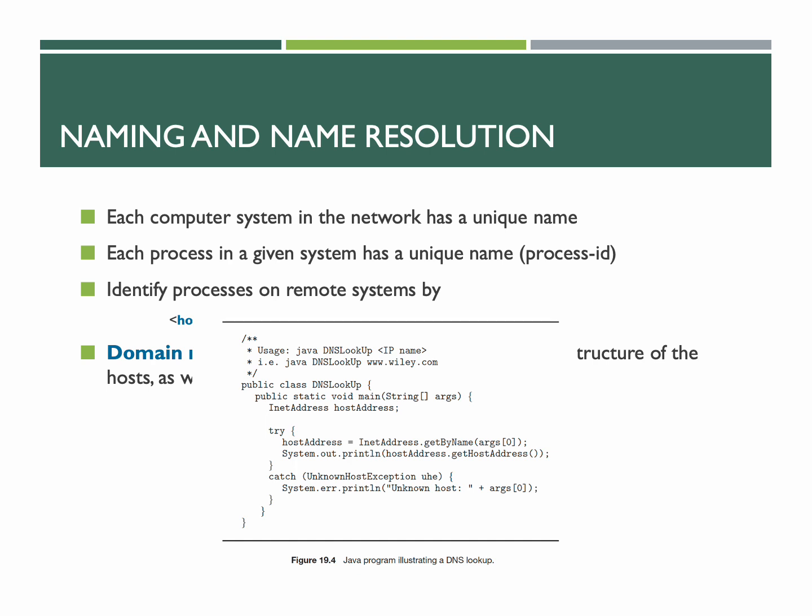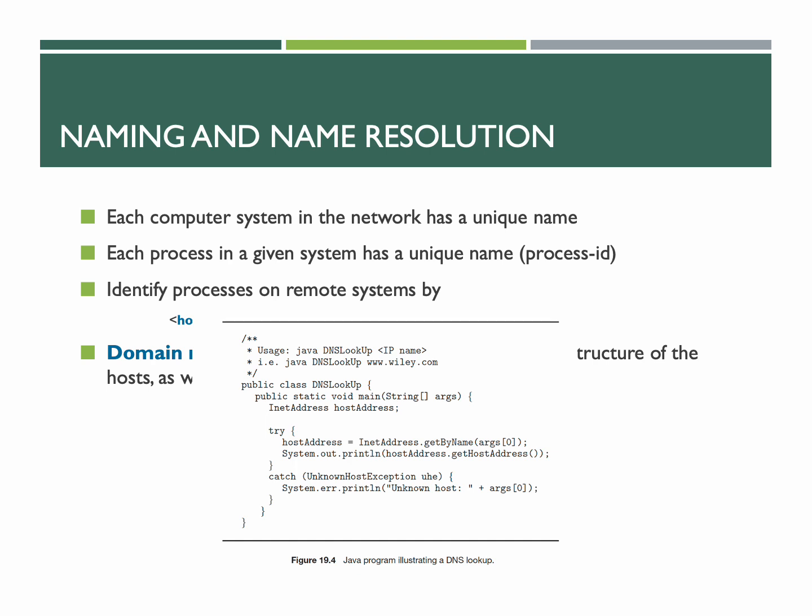As we continue our journey into network concepts, one critical topic to cover is naming and name resolution. Now, imagine for a moment you're trying to send a letter to a friend. You need their name and address, right? Now, the same concept applies in computer networks.